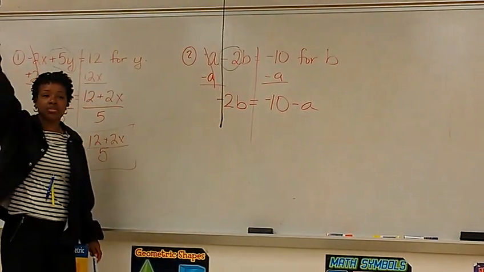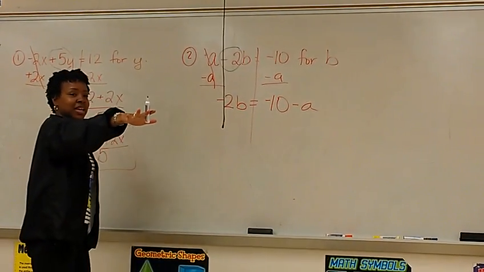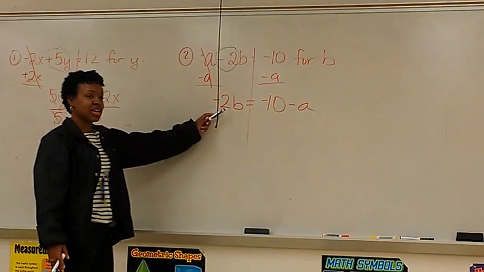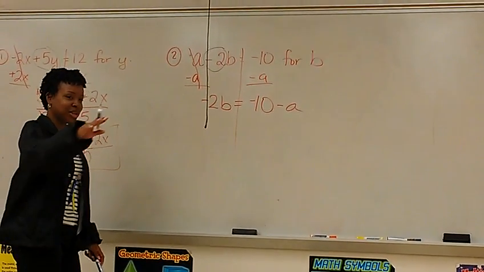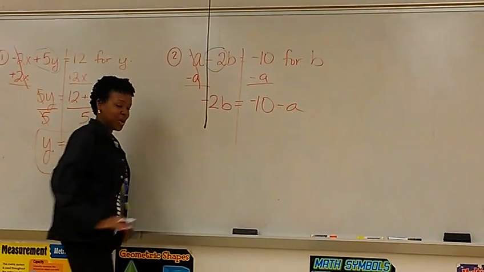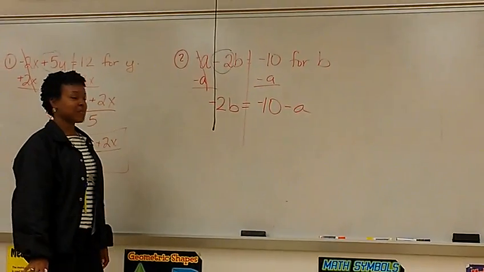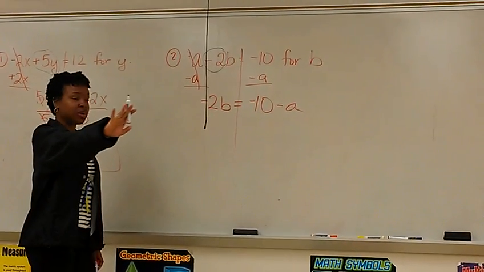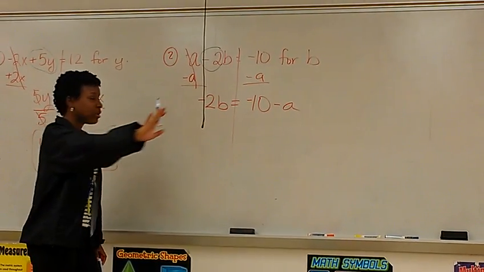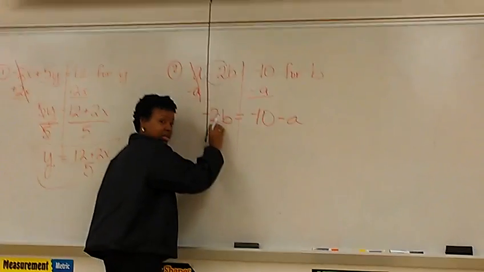Okay, next step. This side of the room is sleeping. Diego, what's my next step? Let me help you out. No, I got this. I know why he said that though. You would have been right. But remember, we're not trying to figure out what A is. We're trying to figure out what B is.